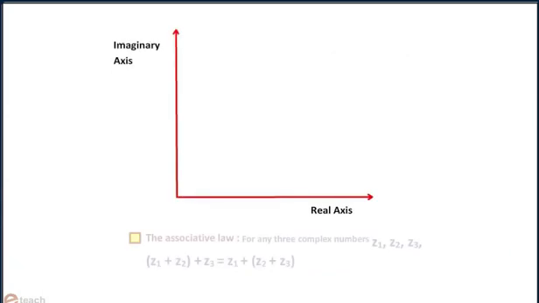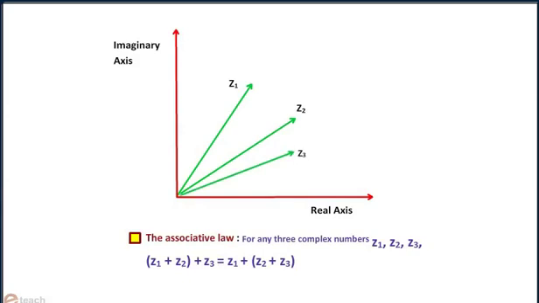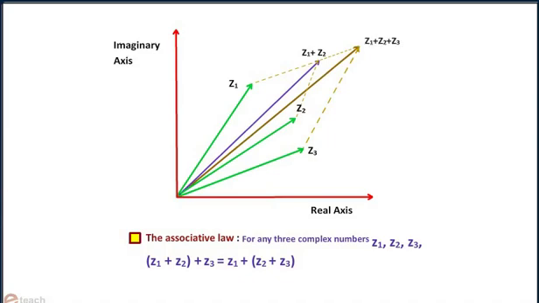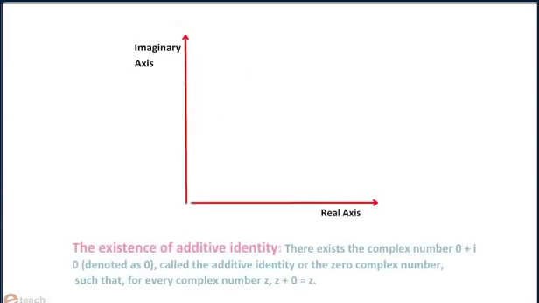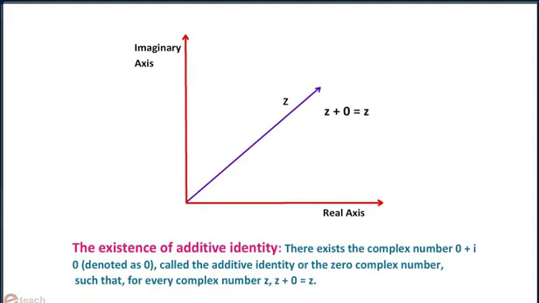The associative law. For any three complex numbers z1, z2 and z3, z1 plus z2 taken at once added with z3 equals z1 plus z2 and z3 added at once. The existence of additive identity.